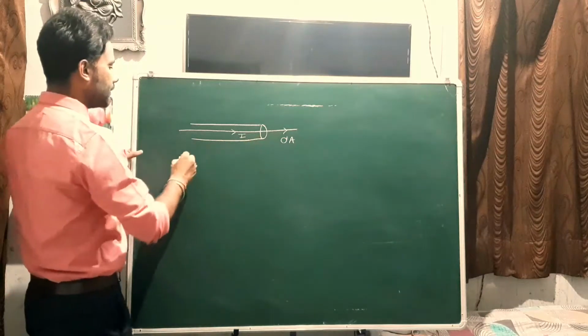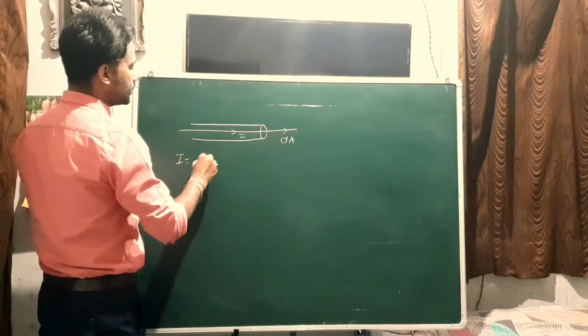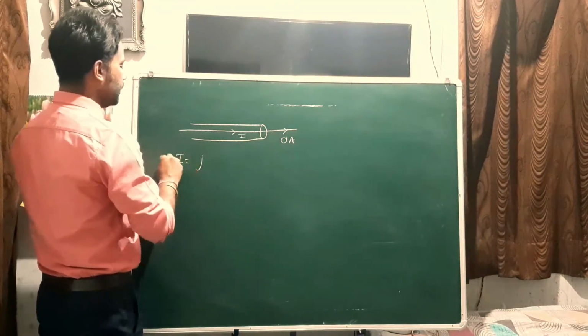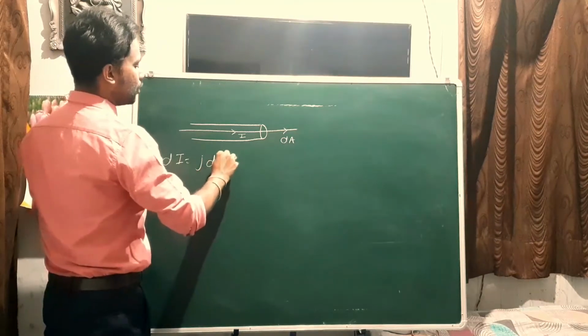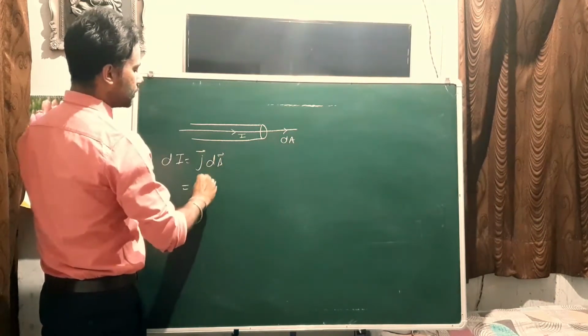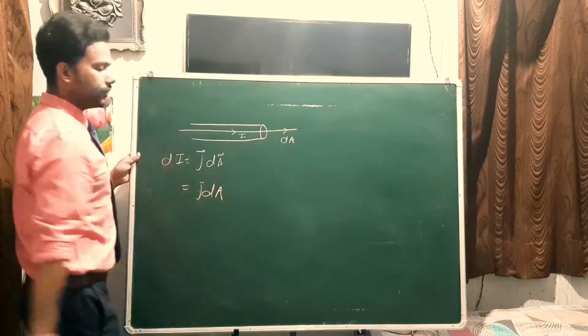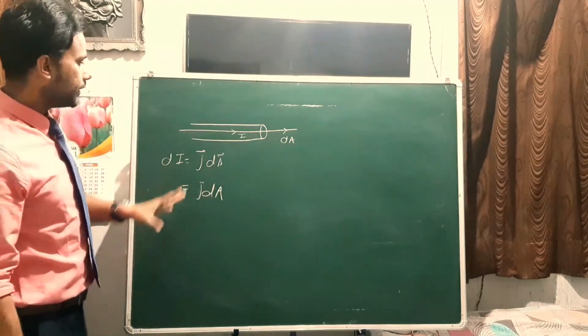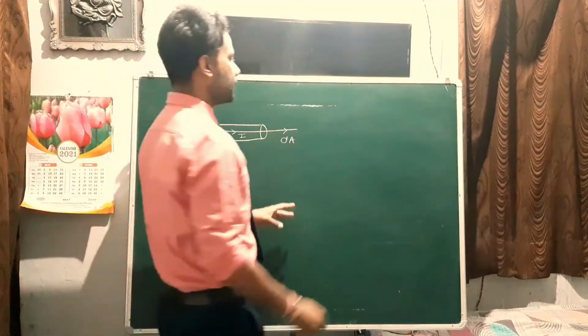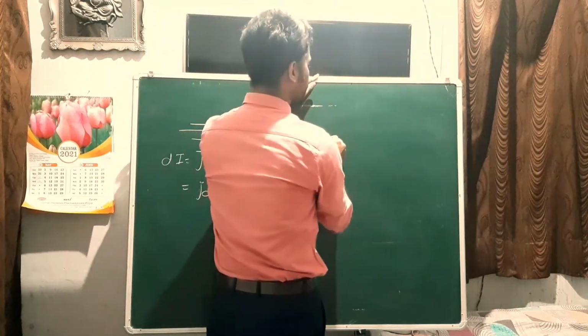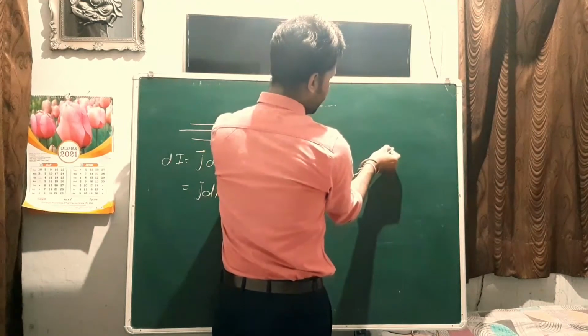So when you solve it, I will be the integration of dI, which equals j dot dA, or simply j dA.